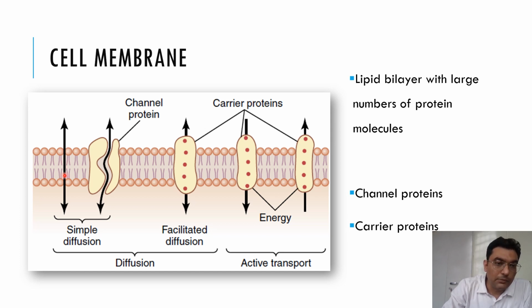The movement of molecules or ions by simple diffusion through the cell membrane is known as simple diffusion, and through the channel proteins it is also known as simple diffusion, while with the help of carrier proteins it is known as facilitated diffusion, and with the help of energy it is known as active transport. Simple diffusion and facilitated diffusion combined are the two types of diffusion.